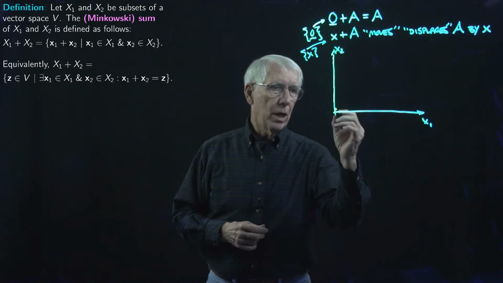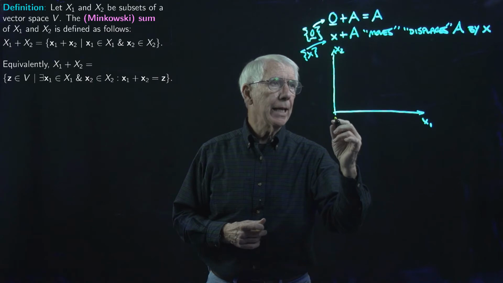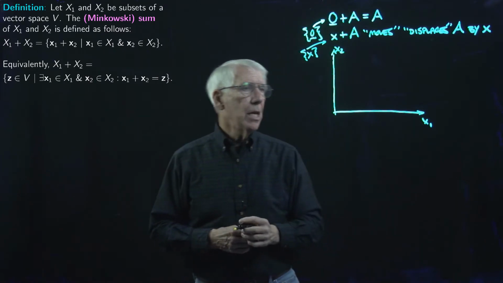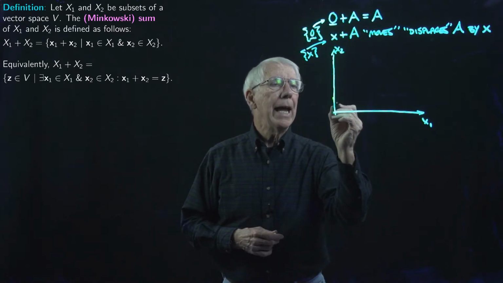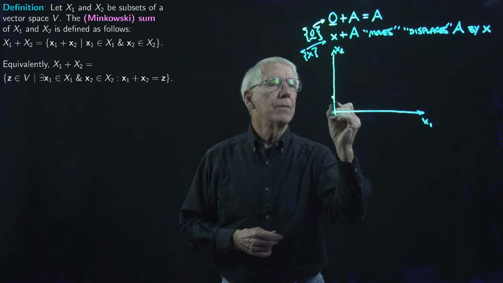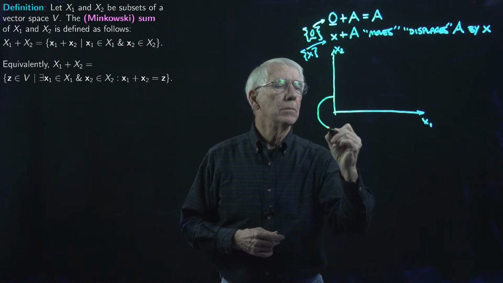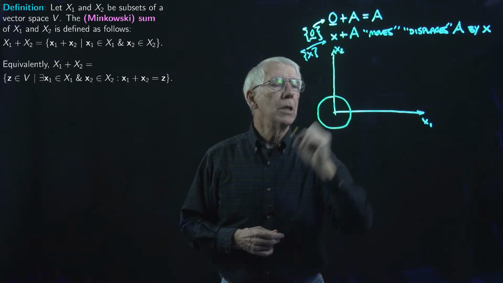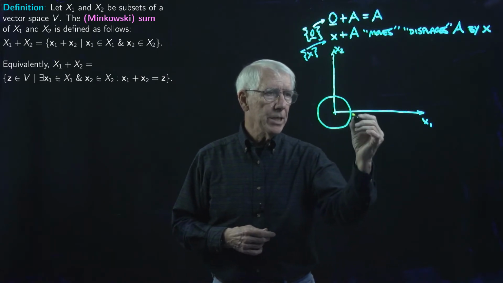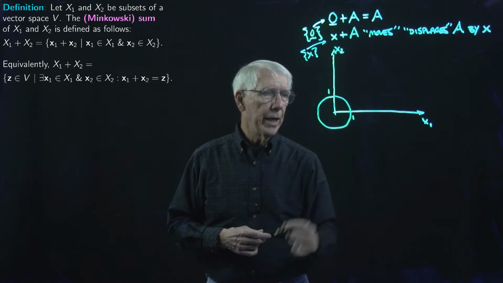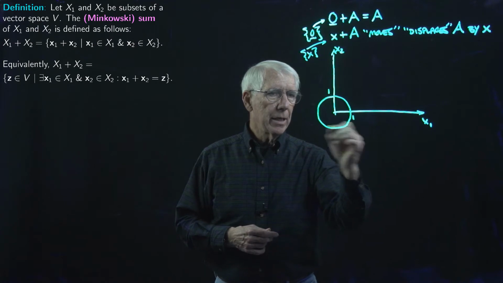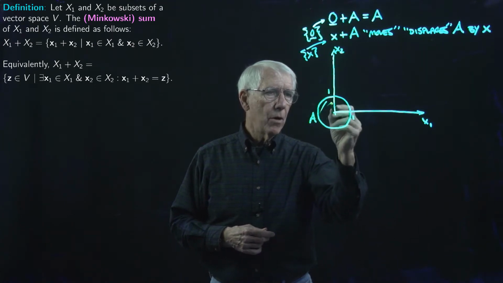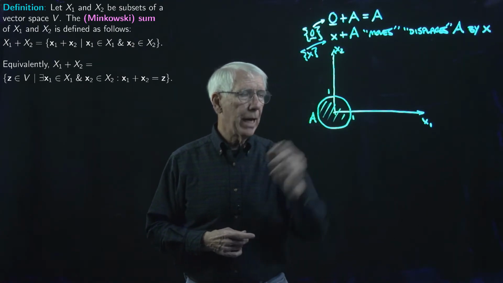And so in the first case, let's suppose that A is the unit disk. So this is 1, and A is all the stuff in here, including the boundary.